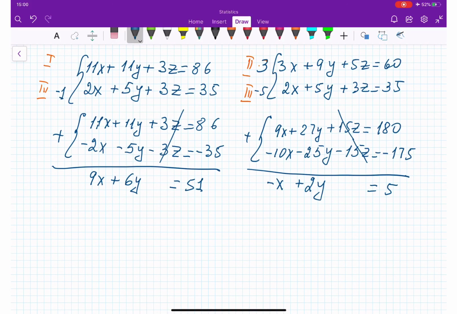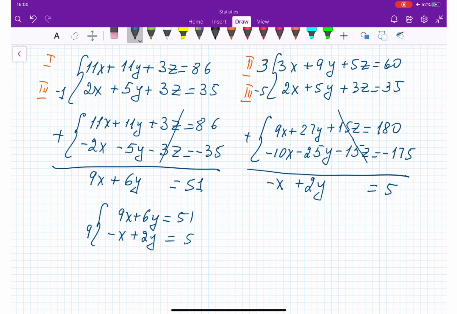Okay, so let me combine these two leftover: 9x plus 6y is equal 51, and negative x plus 2y is equal 5. Okay, what am I doing? I decided to eliminate x, because it's easier. I have negative x, and all I have to do is multiply by 9 to bring it to 9x, so I can eliminate it.